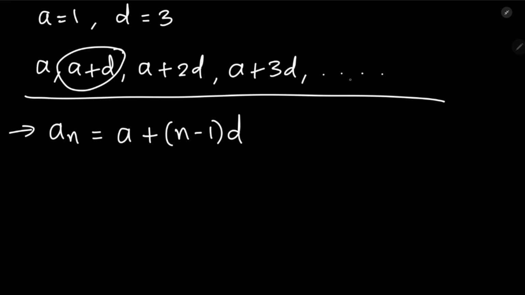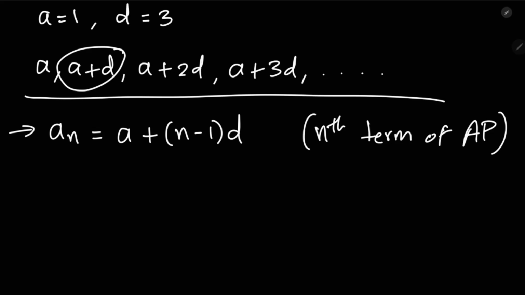So similarly, to go to the nth element we add d n minus 1 times to the first element A. So this is our nth term of the arithmetic progression. I'll just write AP for that. So this is the nth term.